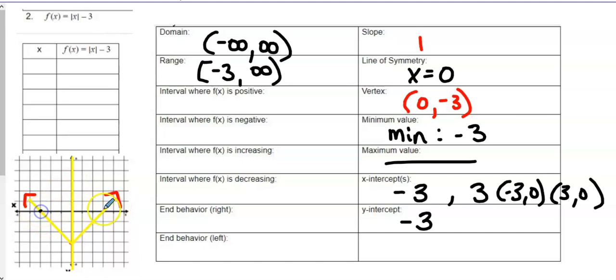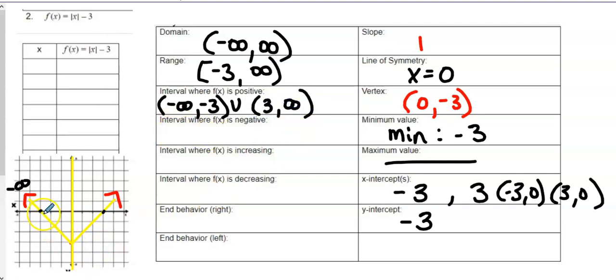The interval where f of x is positive is the part where it's above the x-axis. So above the x-axis, it goes from negative infinity to negative 3, and then my union symbol, and then it starts back at positive 3 and goes to positive infinity.